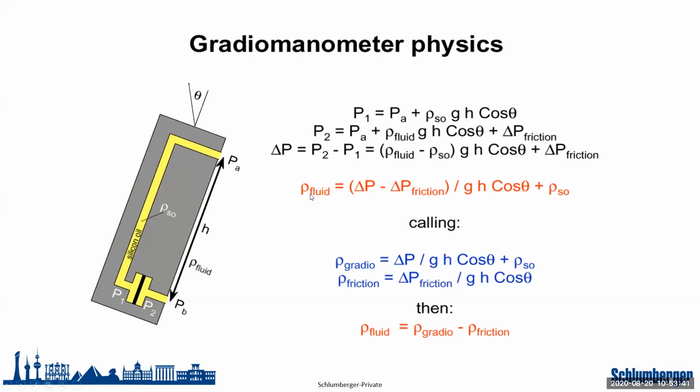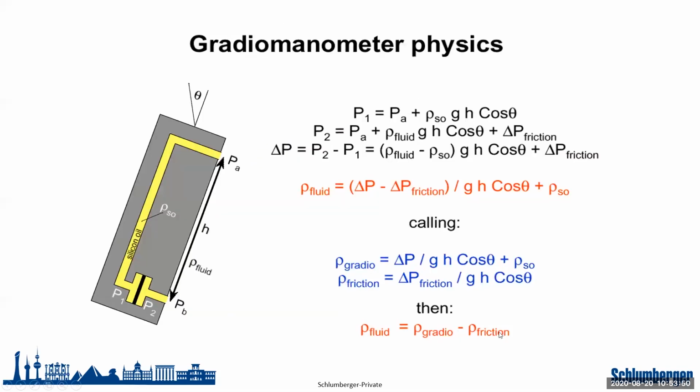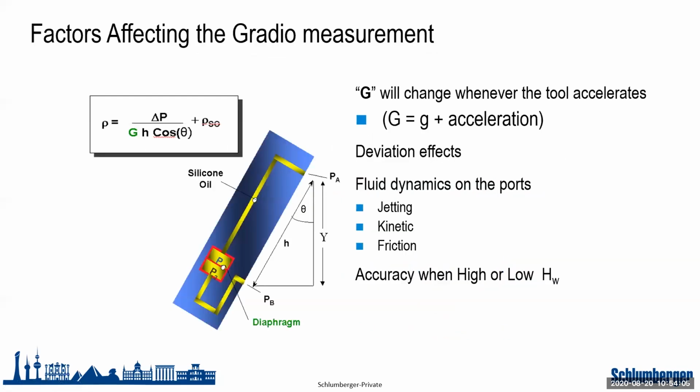The density of the fluid is given by the density that is read by the tool minus the density due to the friction, from the delta P due to friction between the fluid and the tool. So this is basically the density of the fluid at the end. This is exactly the same equation, but put into another form.